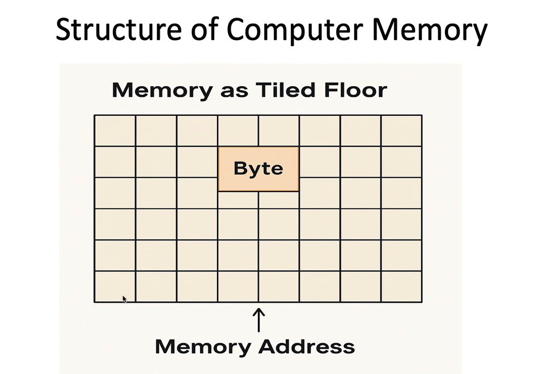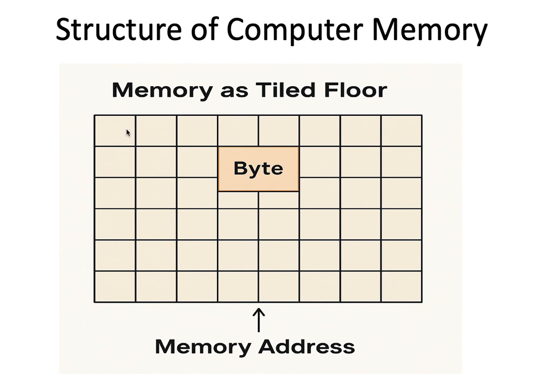These structures in computer memory are called as byte. One tile in computer memory is called as one byte. This is one byte, another byte, so on and so forth. So there are many bytes which make this computer memory.